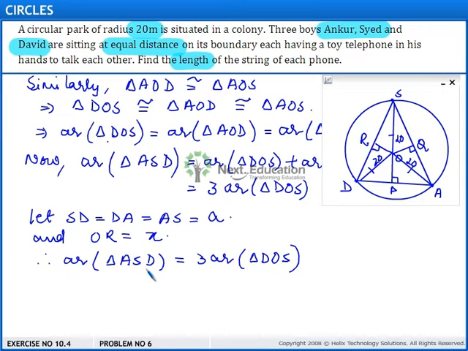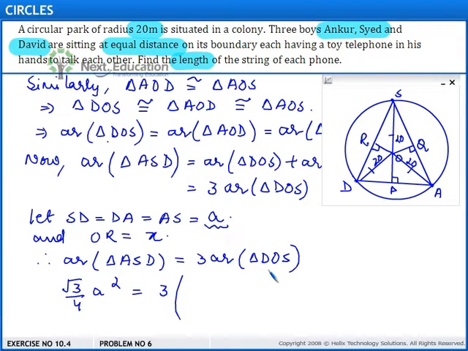Therefore, area of triangle ASD, which is equal to 3 times area of triangle DOS, can further be written as follows. Area of triangle ASD is root 3 upon 4 into side square, and side of triangle ASD is a. And here we have 3 times area of triangle DOS, and again this is given by half base into height. Now base is SD, which is a, and height is OR, which is x.